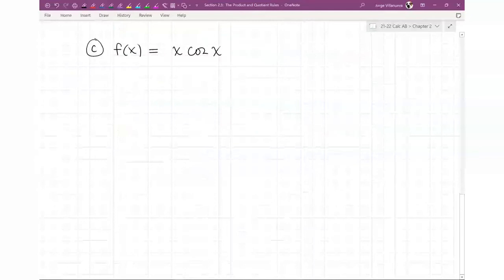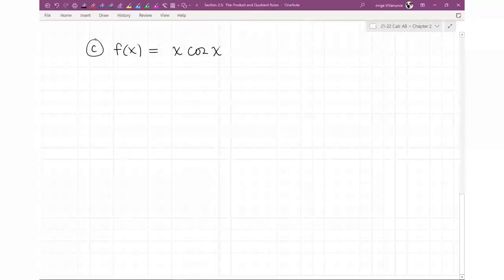So you're multiplying a linear function times a trigonometric function. Okay, x times cosine of x. So you can't really distribute. You can't say, oh, that's cosine of x squared, because you're not allowed to multiply into the angle. Okay? So it's just x times cosine of x.